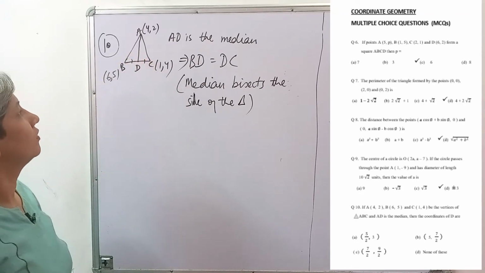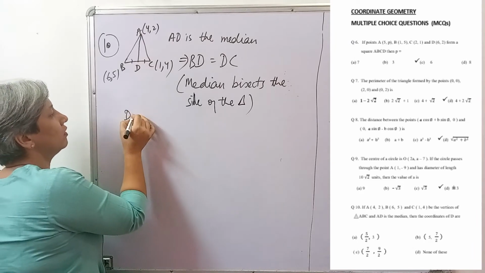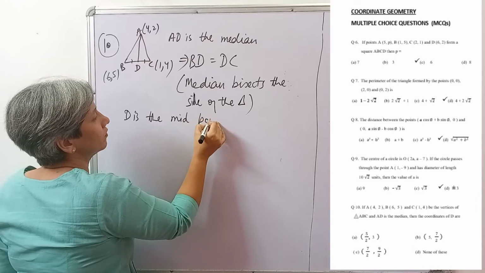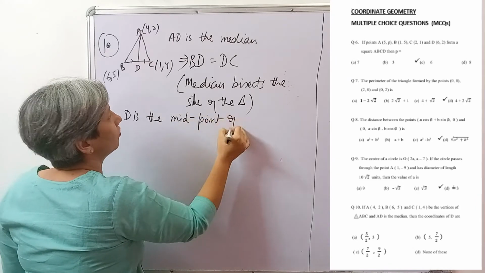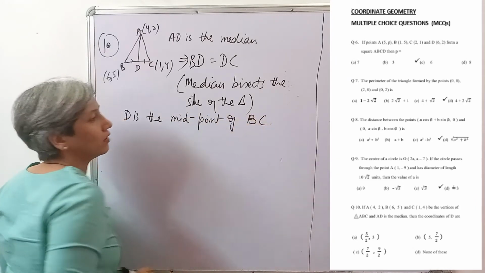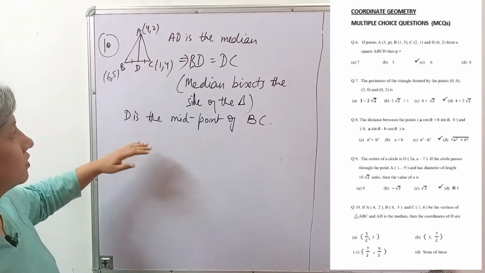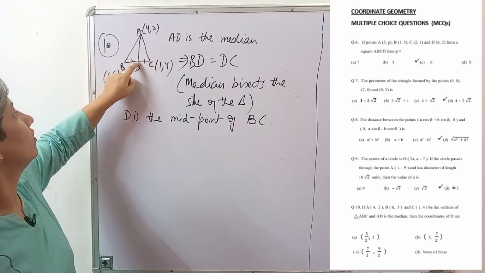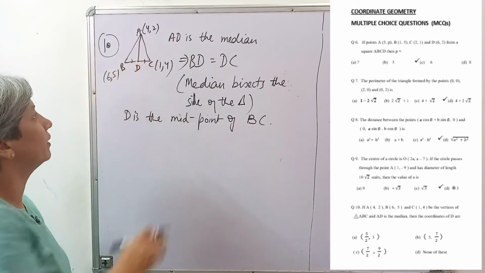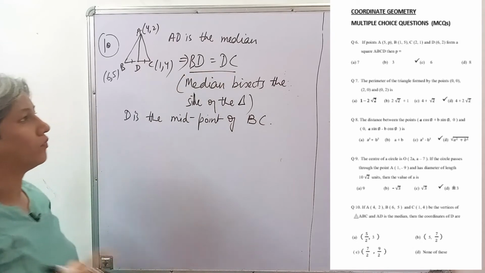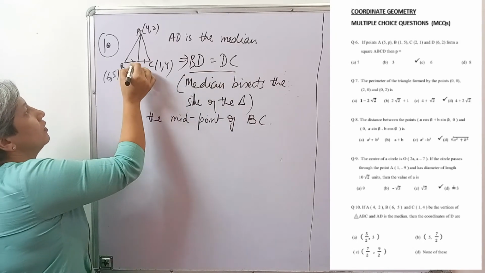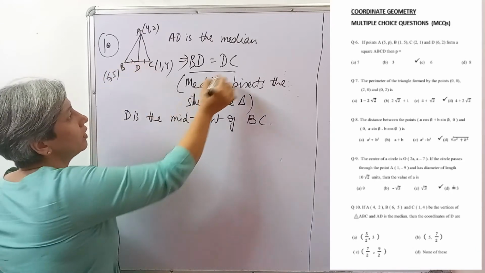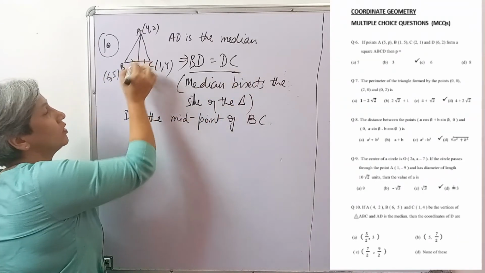So D is the midpoint of BC. Clear? Since it's given as a median, AD will touch BC at its midpoint. So my BD is equal to DC, and from here we'll find the coordinates of D.